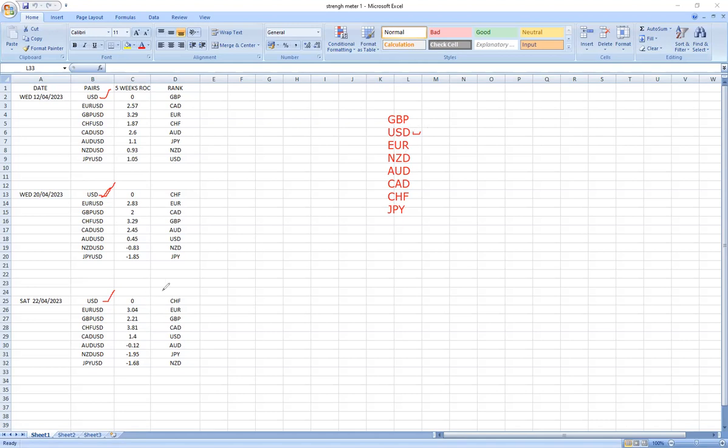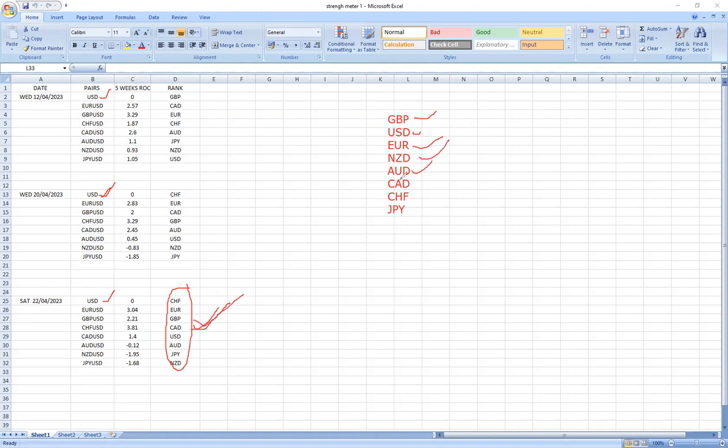Now, the answer that I got to arrive at this strength, if I used GBP, I'll still arrive at the same strength. If I decide to use Euro, I'll still arrive at the same strength. If I decide to use NZD, I'll get the same results.